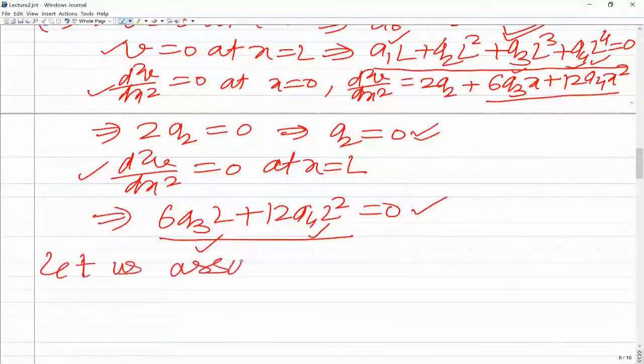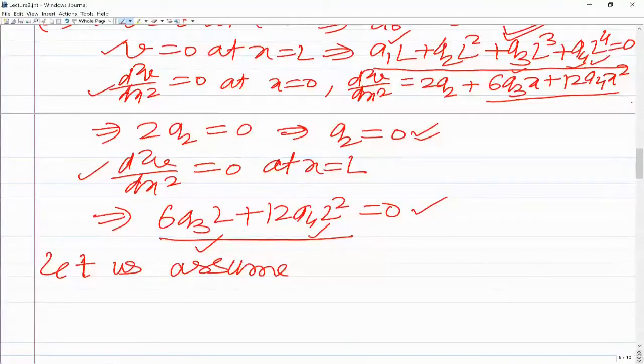Once you express a3 and a4 in terms of a1, find the domain residual, and find a1 by equating the domain residual to 0, whatever solution you get is going to be the exact solution of this problem. So through the approximate analytical solution approach, you would be able to get the exact solution.